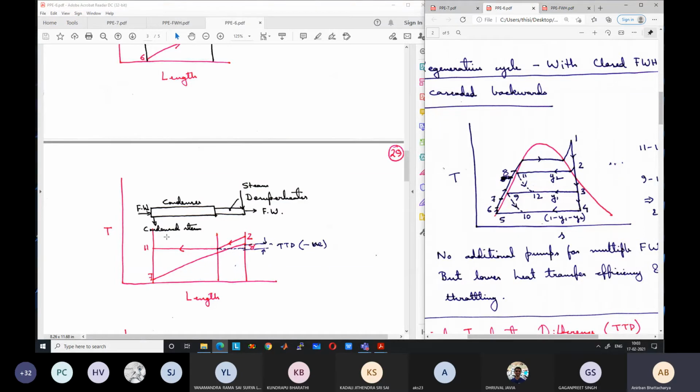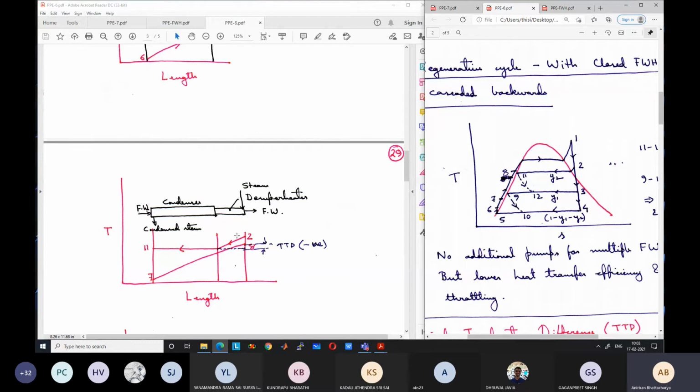What is the path of the liquid water? Liquid water enters at state 7 of this feed water heater. It exchanges heat with the state 11 fluid, and gradually the temperature rises. Because now it can exchange heat with the state 2 fluid, meaning the higher temperature fluid, its temperature can go beyond the saturation temperature, as I have shown here.